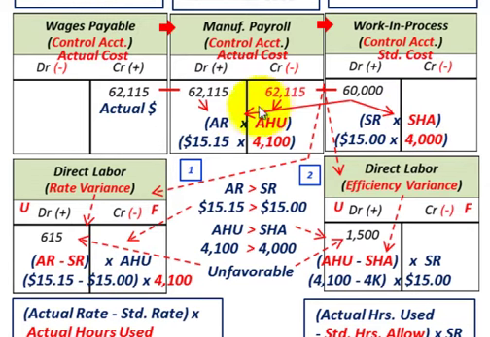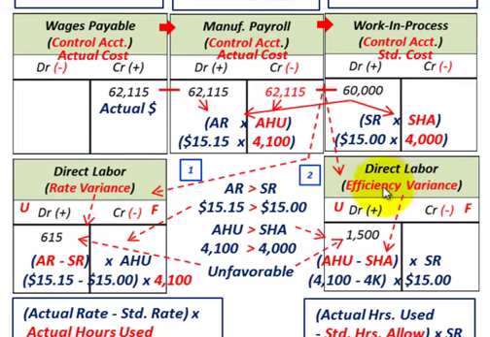So there's going to be a difference between your actual hourly rates and your standard rates, and that's going to go into your direct labor rate variance based on actual hours used. And then the difference between your actual hours used versus the standard hours allocated, times some standard rate, is going to go into your direct labor efficiency variance.